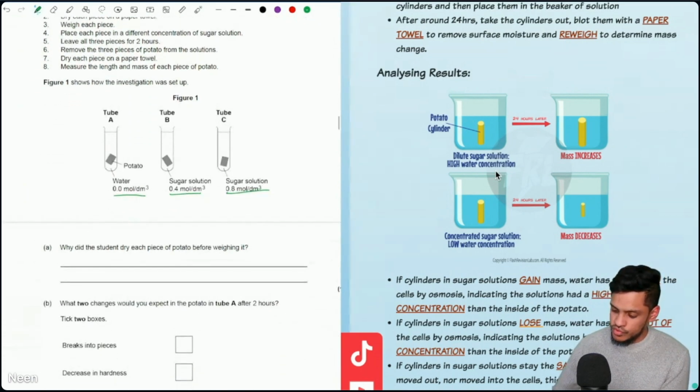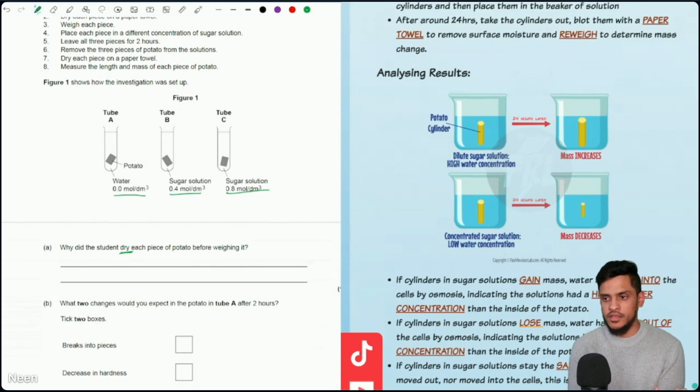Why did the student dry each piece of potato before weighing it? The reason is that water is going to add mass to it. If the potato is wet, then you're not just measuring the mass of the potato, you're also measuring the mass of the water.